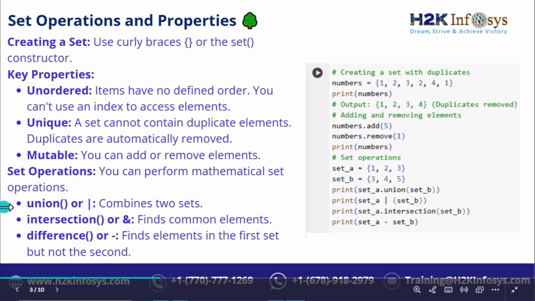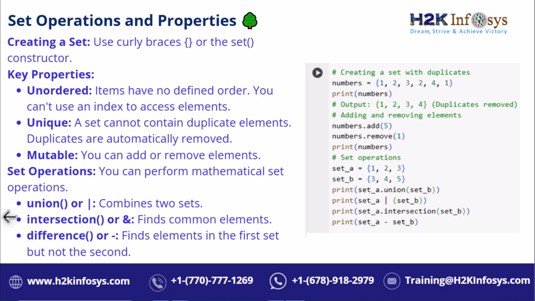Union combines the two sets. It takes all the unique values from both sets. Intersection takes only the common elements. For example, in set A and set B, the common element is 3, so only 3 will be printed. Whereas difference finds the elements in the first set but not in the second set. It is like A minus B or B minus A. Okay, let's see it in the Colab.